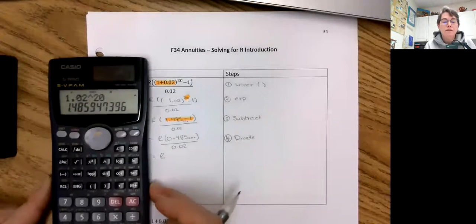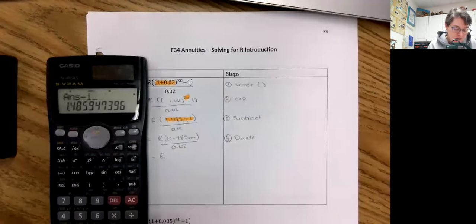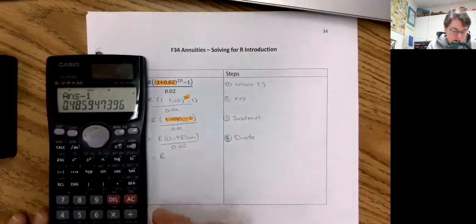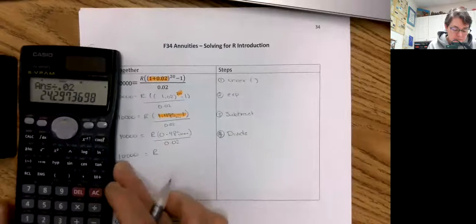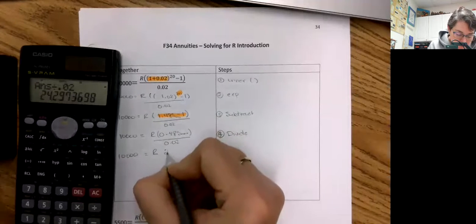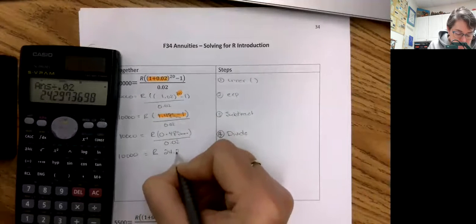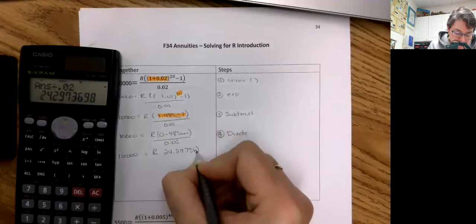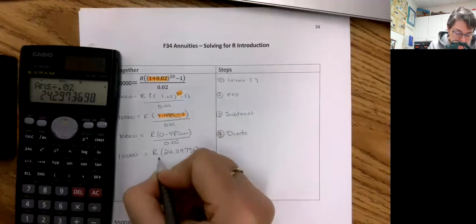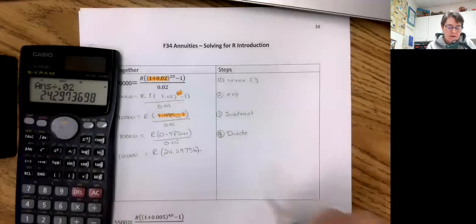I'm going to do this on my calculator, so I'm going to subtract 1, and then divide by 0.02. And I get 24.29736, etc. Right, because that's all gone.